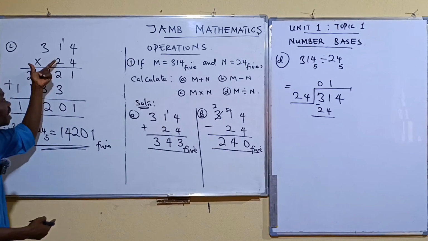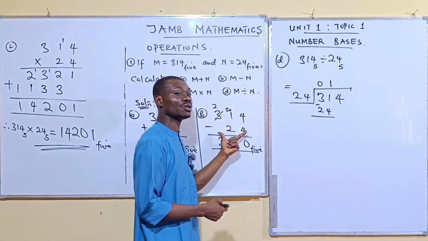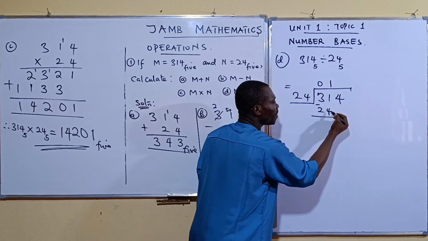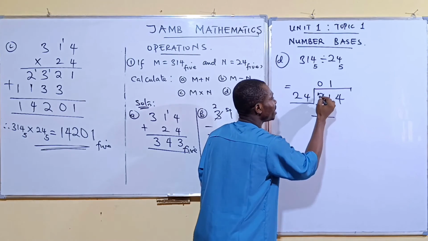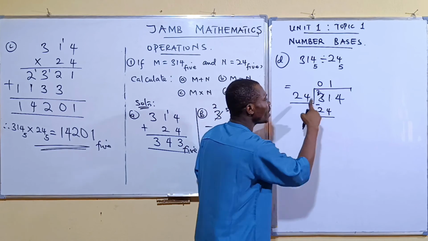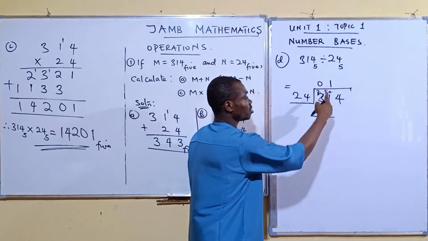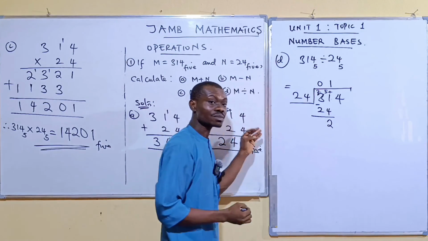So you see that under multiplication, addition comes, and under division, subtraction comes. 1 minus 4 can't go, so you borrow 1 from here, and then this will be 2. Remember, you are in base 5. Don't forget. When that 1 comes over here, it becomes 5 plus 1, which is 6. And 6 minus 4 is 2.